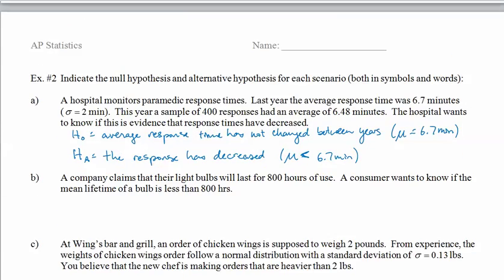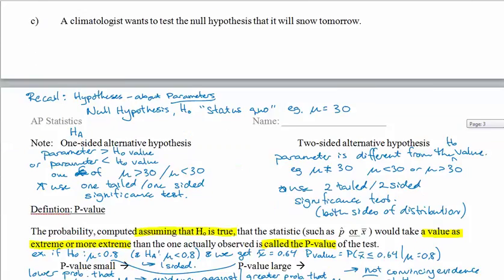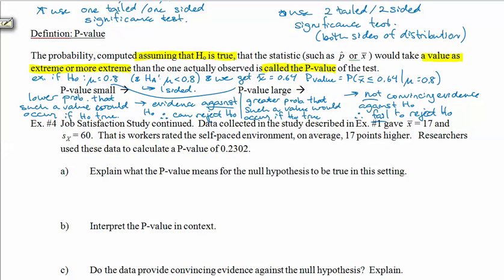So looking back at that situation, we've been given that we have a p-value of 0.2302, and our data collected gave X bar as 17. In other words, that they rated the self-paced environment 17 points higher than the machine-paced environment.